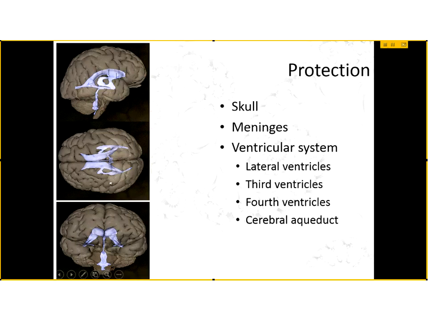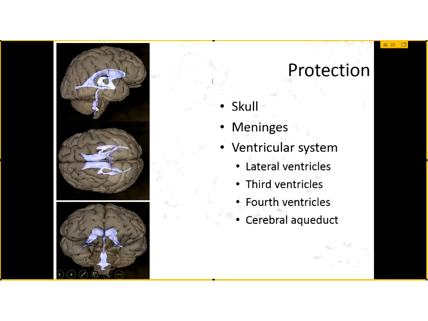From this perspective the lateral ventricles are connected to the third ventricle, which is very, very thin. Here you can see its structure from the side, but if we take this dorsal view, that third ventricle is so thin, and it is connected to the fourth ventricle via the cerebral aqueduct.